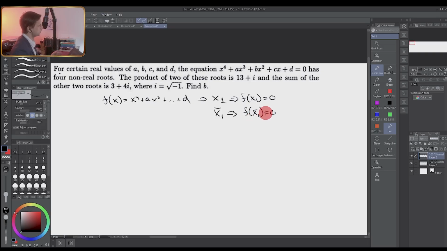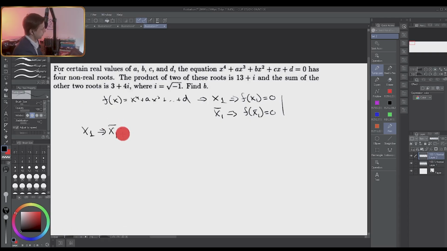I will not go here into details about complex numbers and polynomials. I assume that you know it, and we will not spend an extra 15 minutes explaining it, but it's very easy to prove, just a simple problem on algebra. And of course we will use this fact here because this polynomial has 4 non-real roots. It means that one of these roots is x1, and inevitably some other root should look like x1 conjugate.